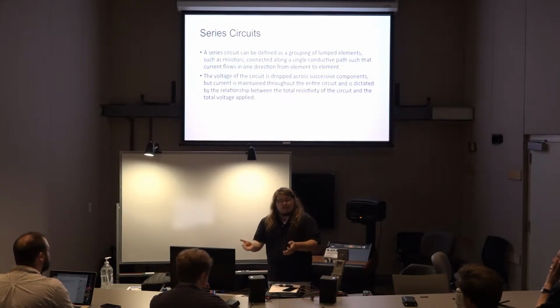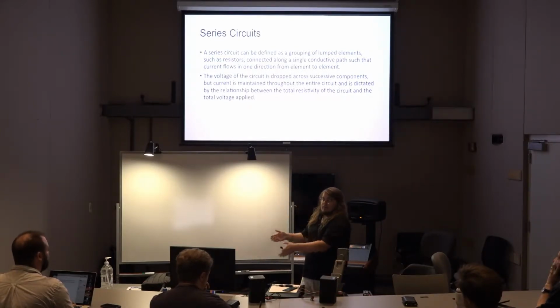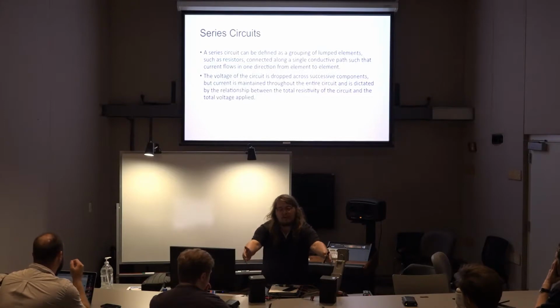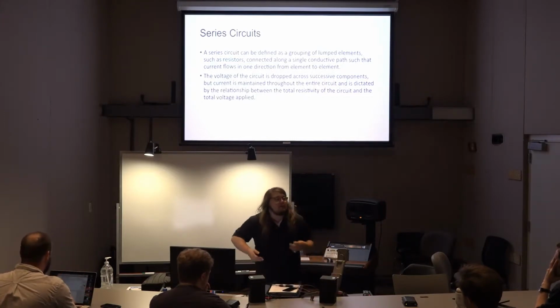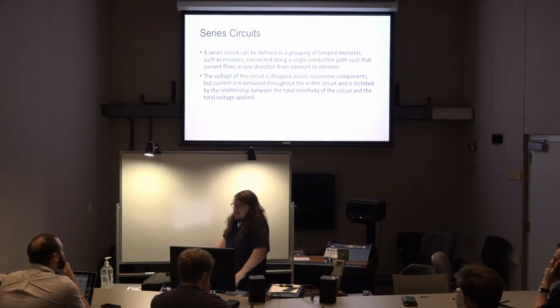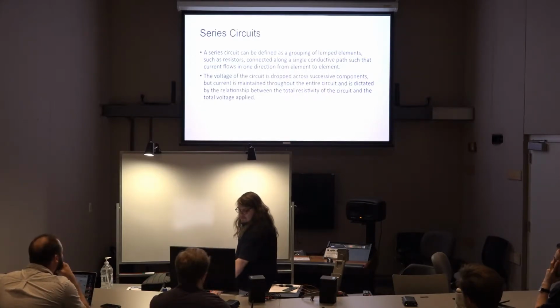Now, we added a second speaker in series. We saw the voltage of the circuit was dropped across the successive components, correct? We had half of it on the first speaker, half of it on the second speaker, and when we measured across both, we saw our total output voltage. So, you know, the science works out.